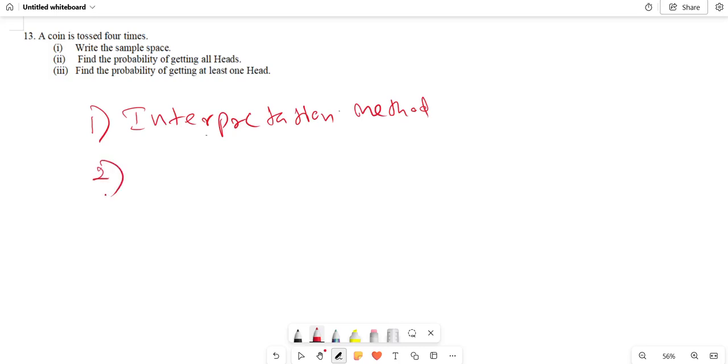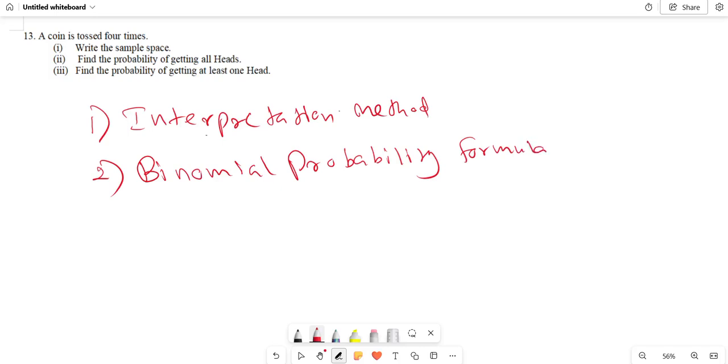The second method is the binomial probability formula. This is an advanced method compared to the first, and there you use combination equations like nCr. So this is a heavily mathematical method.